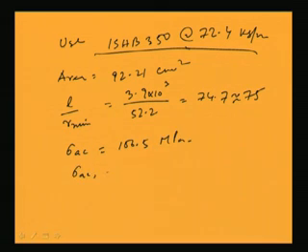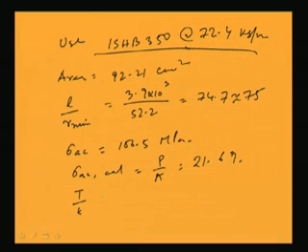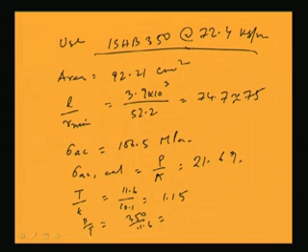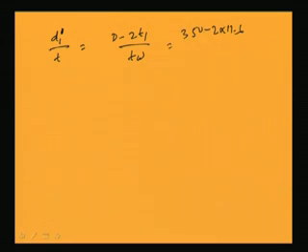Sigma AC calculated will be P by A, so that will be 21.69. Here T by t ratio is 11.6 by 10.1, this is 1.15, and D by T is 350 by 11.6, which becomes 30.2, so 30. Another thing is d1 by t, this will be D minus 2T1 by Tw, so 350 minus 2 into 11.6 by 10.1, 32.4.